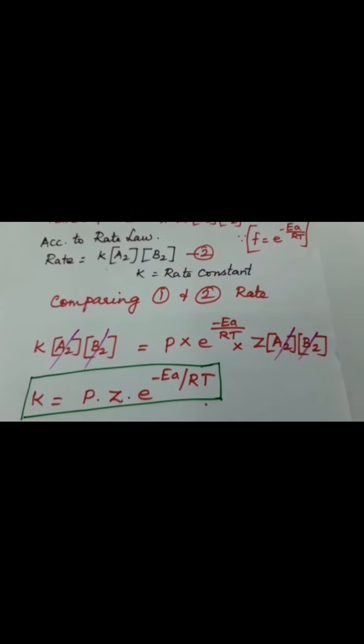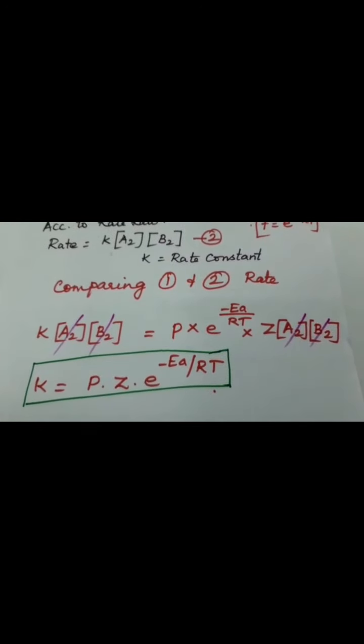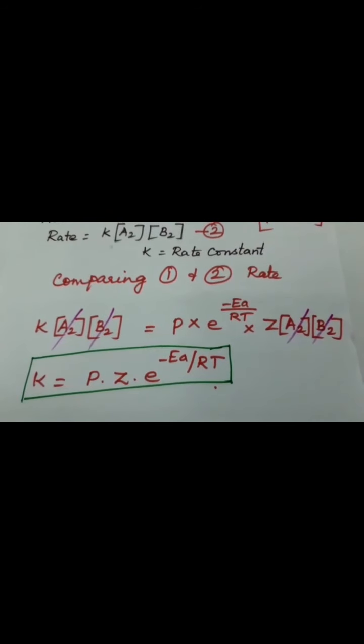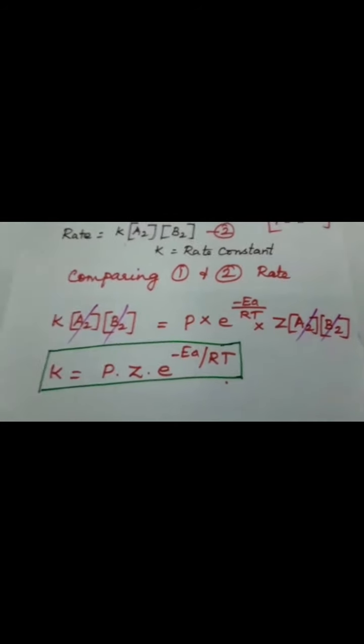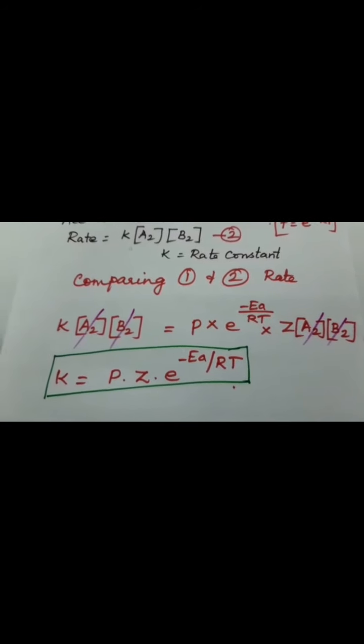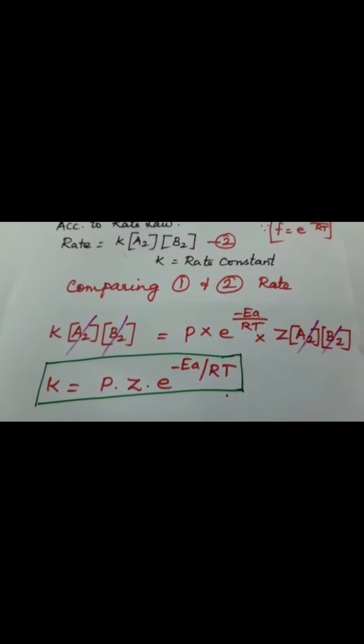We can strike out A2 and B2 on both sides. What is left is K. K is equal to P into Z into e power minus Ea by RT. So based on the collision theory of bimolecular reactions, the rate constant is found to be of this type.